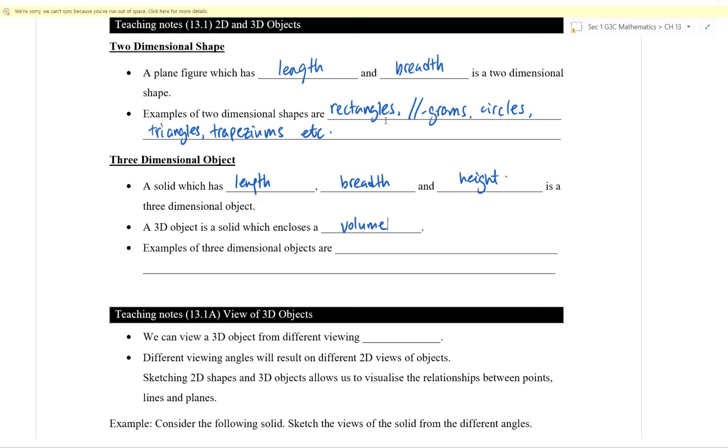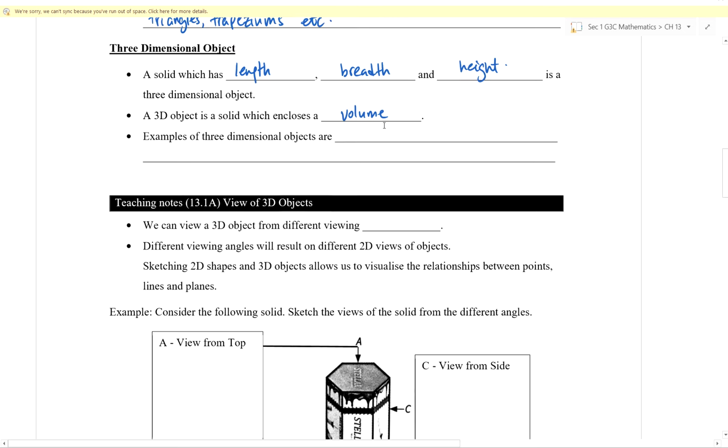These 2D shapes do not have volume, they only have area. 3D objects have a volume. Examples of 3D objects: we've got cuboids, prisms, cylinders, cones, spheres, etc.